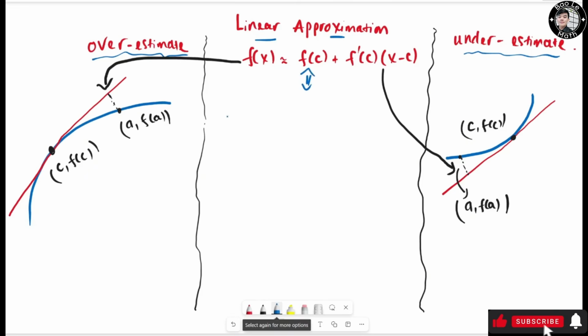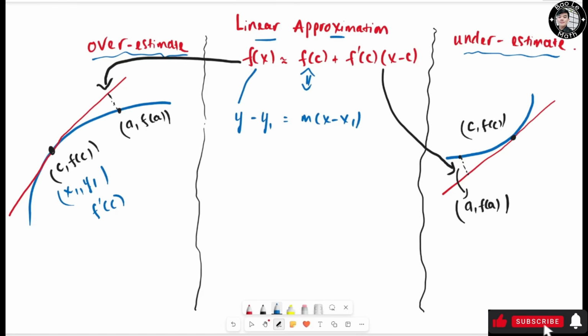Remember, you learned from algebra 1, we have y minus y1 equals m times s minus s1, right? This is the point-slope formula. In this situation, s1 and y1 are c and f of c, and the slope m is actually f prime of c. So we substitute over here, and y is actually f of s.